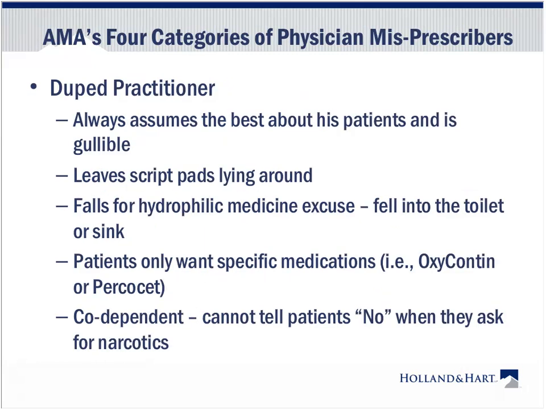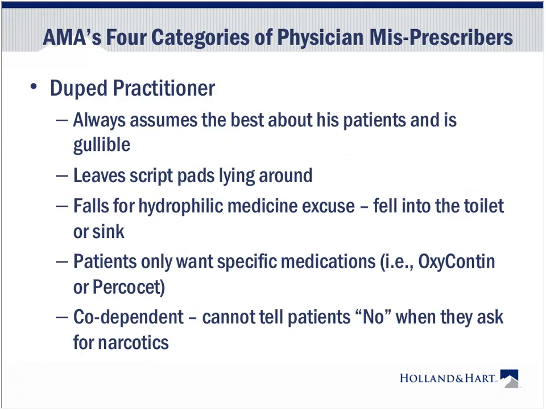Then there's the dupe practitioner, and this is the practitioner who always assumes the best about his patients and is gullible or leaves prescription pads lying around, falls for excuses of I dropped my medication into the toilet or the sink, something like that. They could be kind of a codependent type personality where they can't tell patients no when they ask for narcotics.